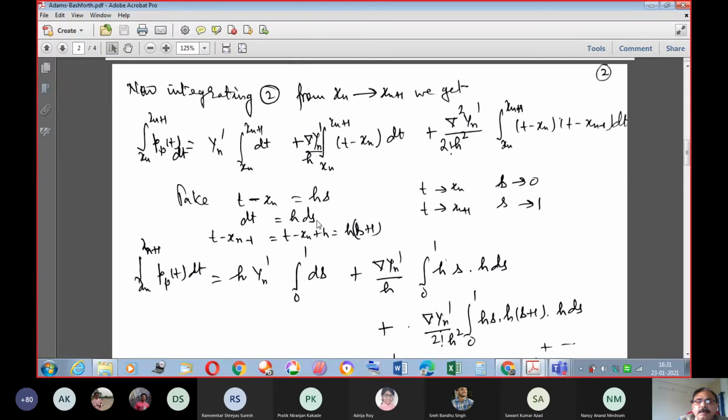So t minus x_n will be replaced by that, and dt will be replaced by h into ds. Immediately you can see that as t goes to x_n, s goes to 0, very clear from here. And if t goes to x_{n+1}, s goes to 1, very obvious from here.